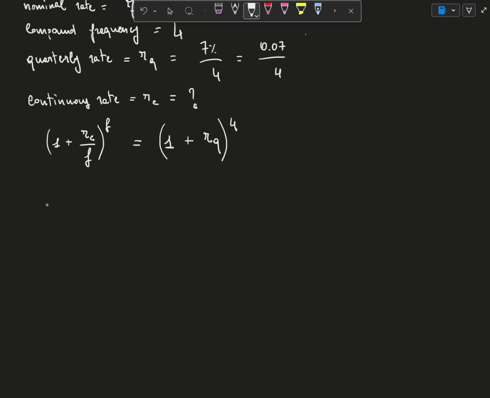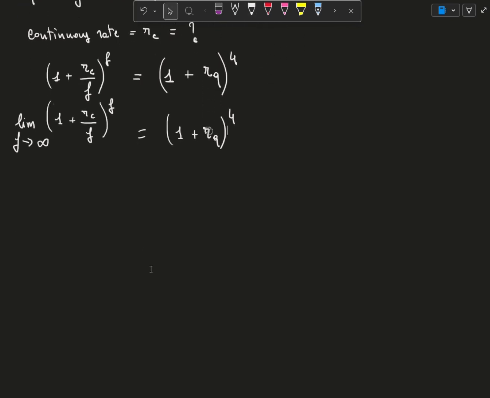So what we can say is that we are looking for the limit as F approaches positive infinity of this expression, 1 plus RC over F to the power of F, and set this expression equal to 1 plus RQ to the power of 4.